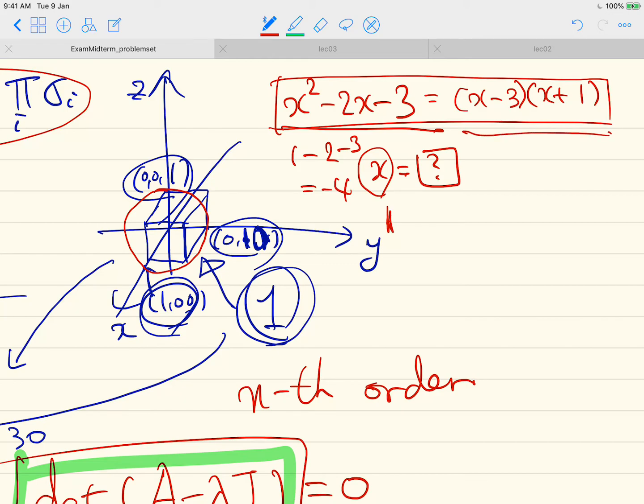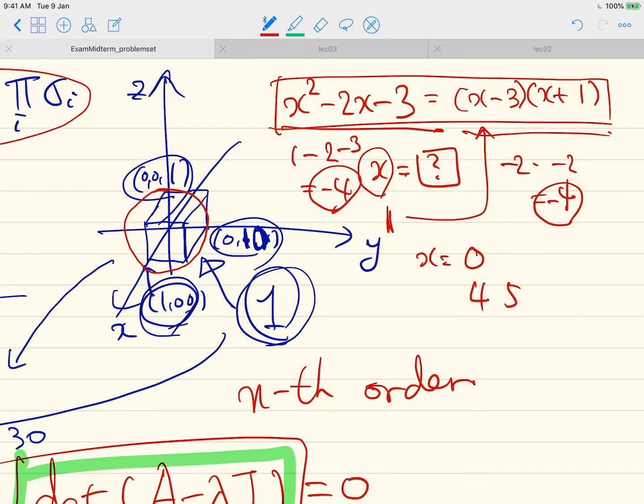And also if we plug x as 1, then -2 times -2, which is -4, so these are the same. And if x changes into maybe 0 or maybe 4 and 5 and -1, for whatever values, the left and the right hand side will always be the same. So in other words, it is an identity, basically an identity.